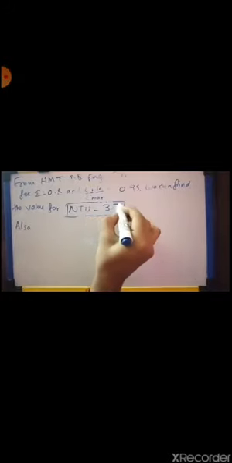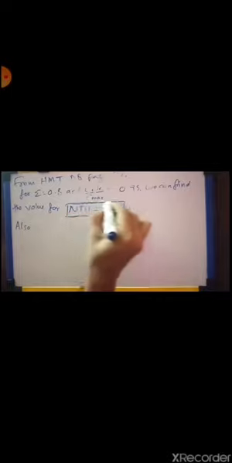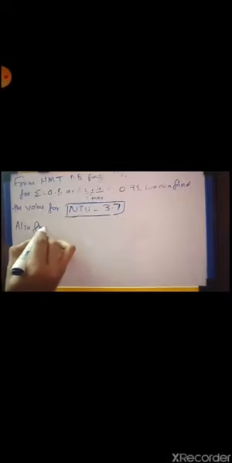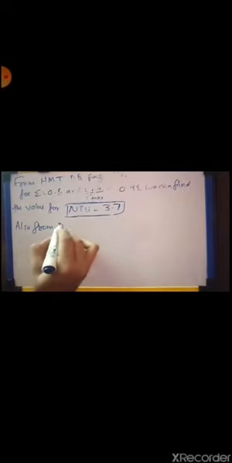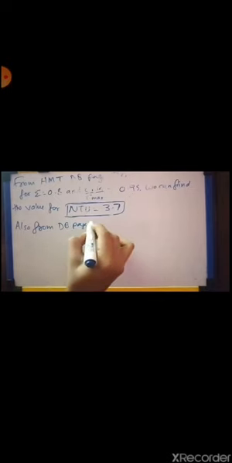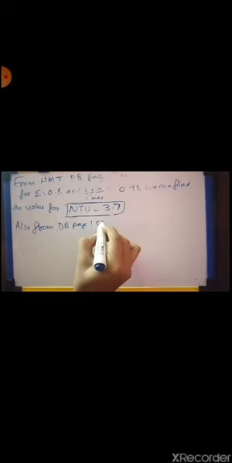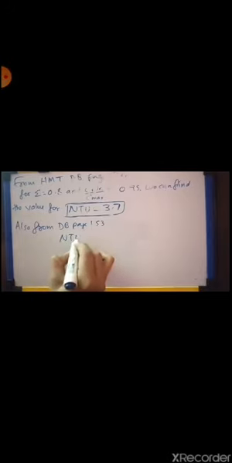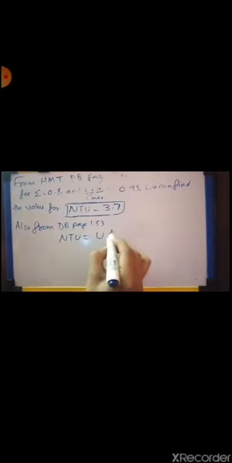Also, another equation for NTU is there, from data book page number 153. NTU is equal to UA by C minimum.